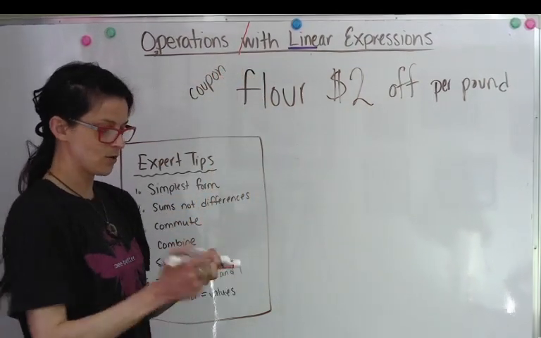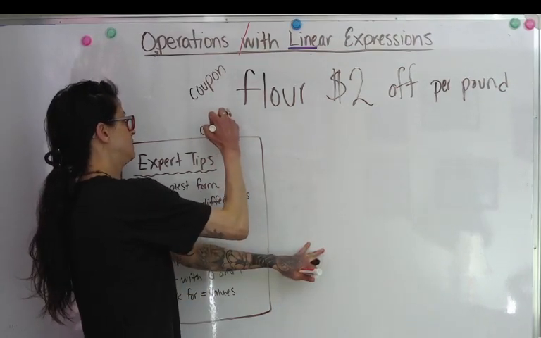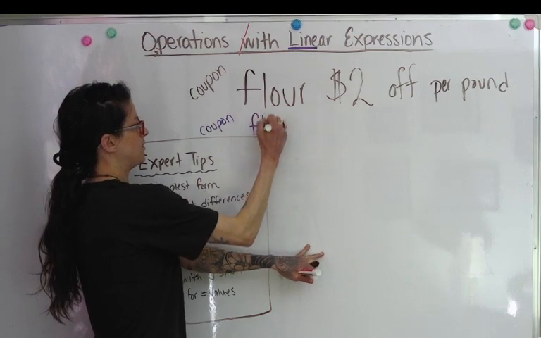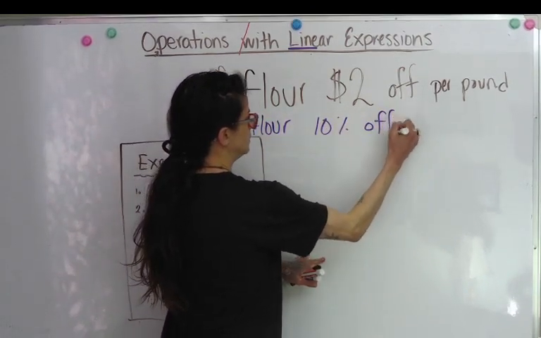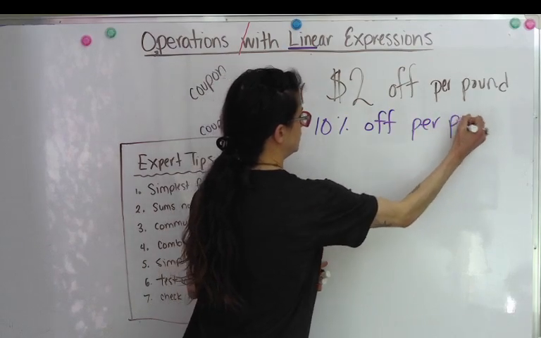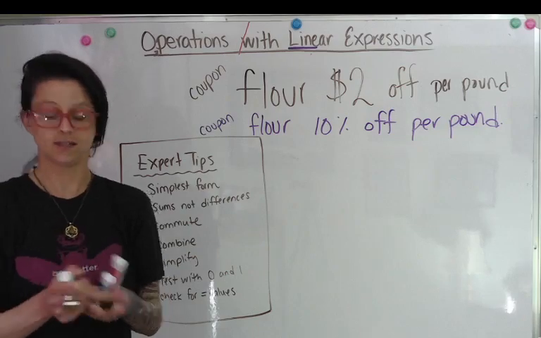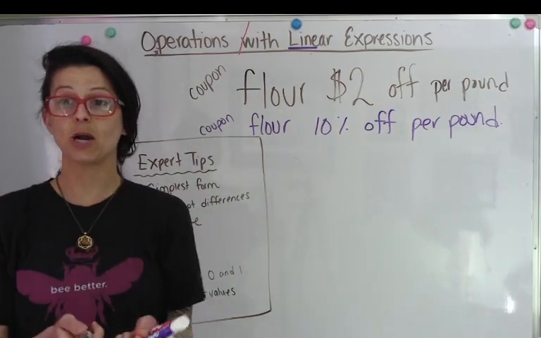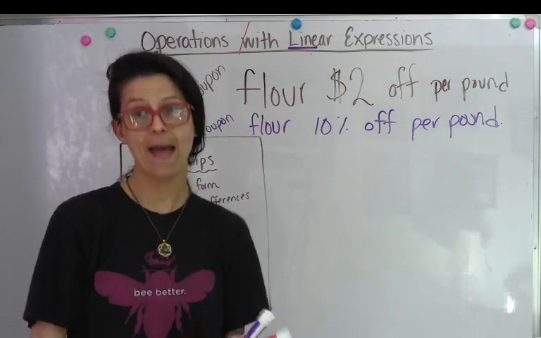Say we also, to a different store, have a 10% off coupon for a pound of flour. In these two situations, what is an expression that we can use to represent how much we're going to pay per pound?